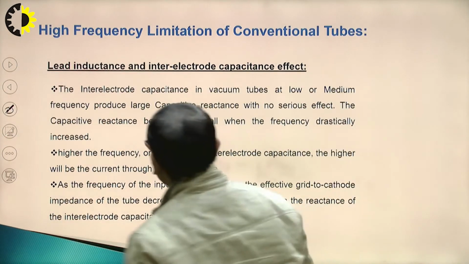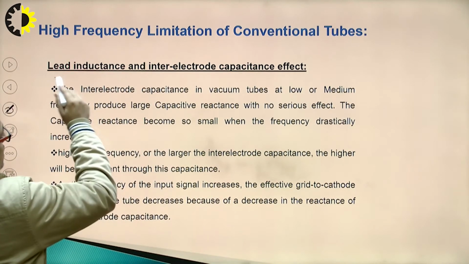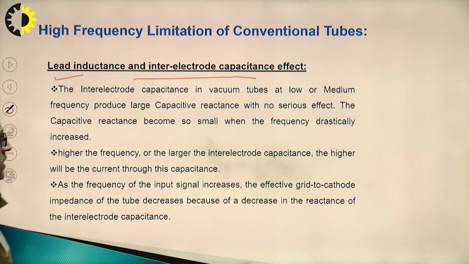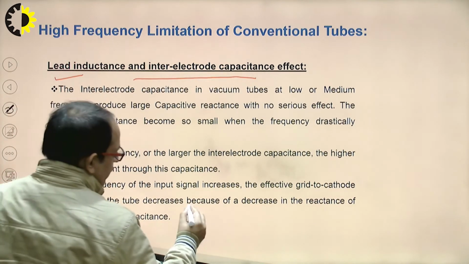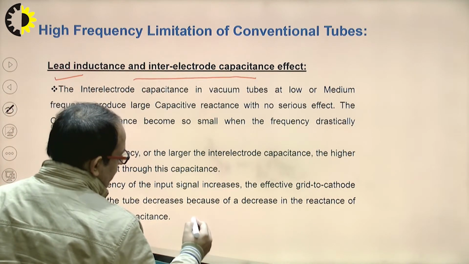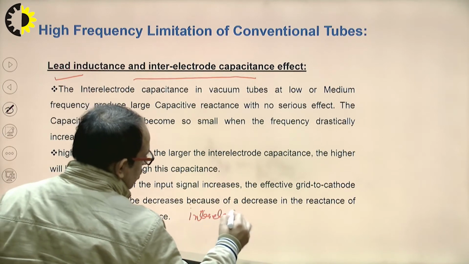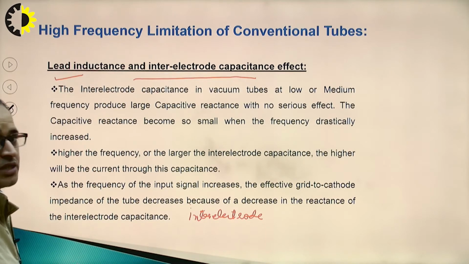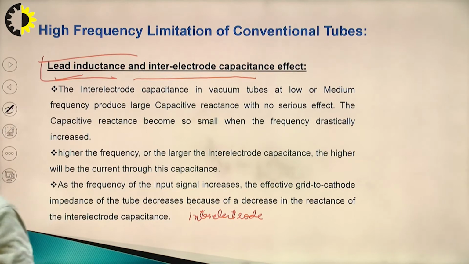First one is the high frequency limitations of the conventional tubes. First is the lead conductor and inter-electrode capacitance effect. When I'm using a very high frequency, the role of inter-electrode capacitance and the lead inductance plays a major role in the amplification of the signal.